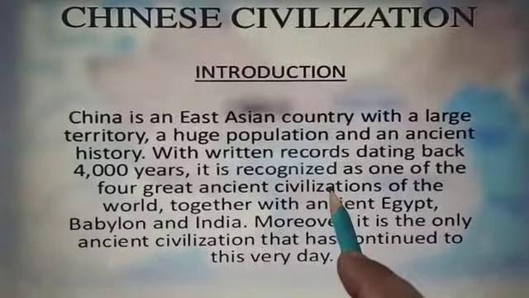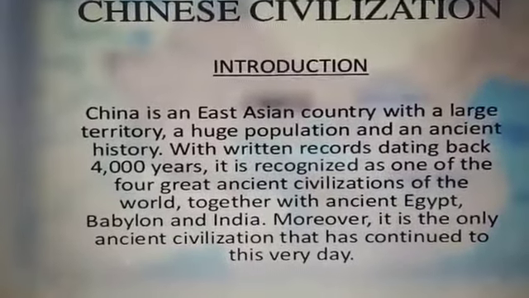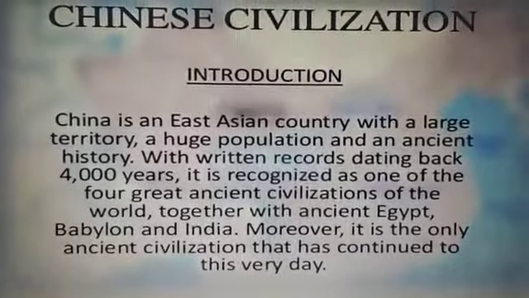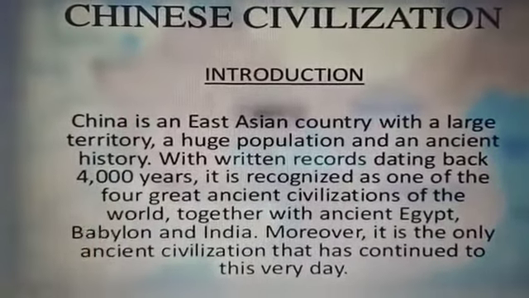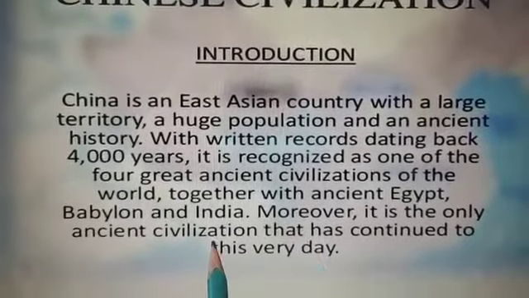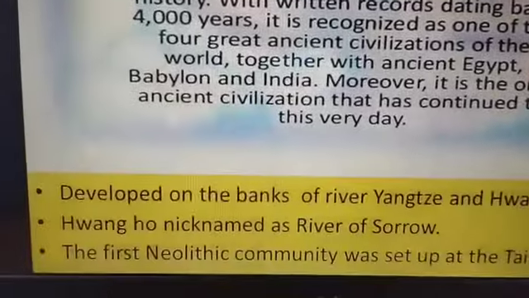We have four civilizations: the Indus Valley civilization, the Mesopotamian civilization, the Egyptian civilization, and the Chinese civilization. Moreover, it is the only ancient civilization that has continued to this very day.